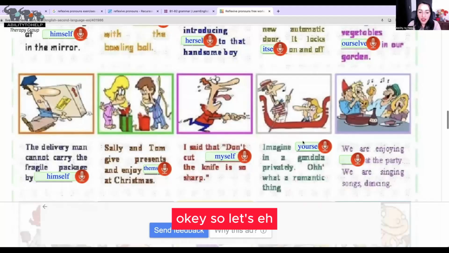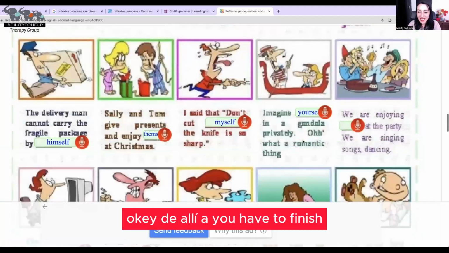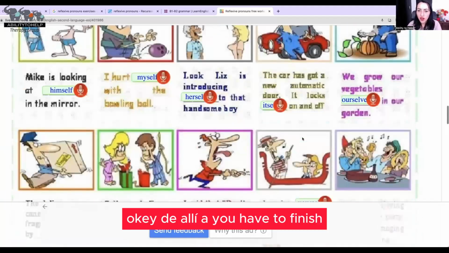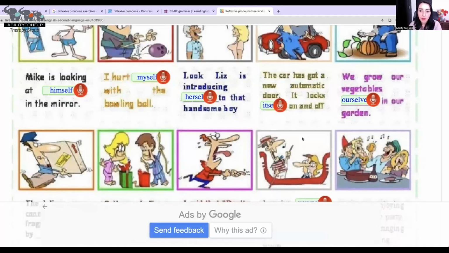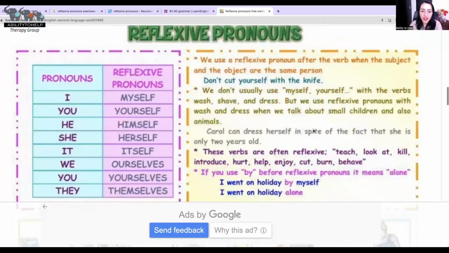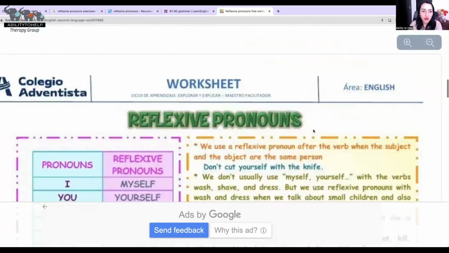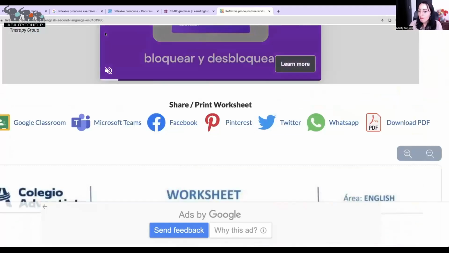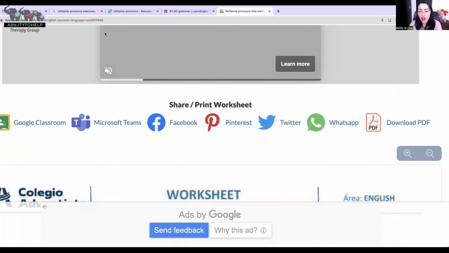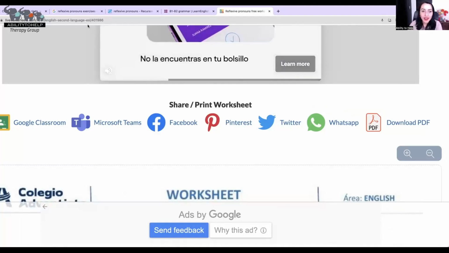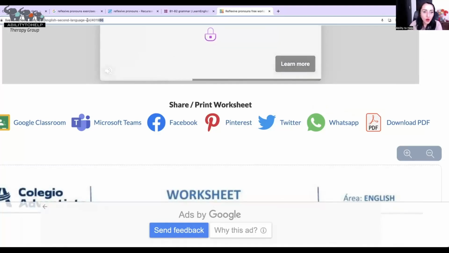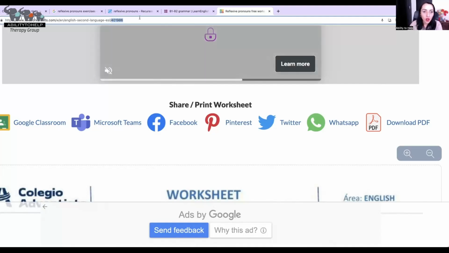Okay, so the idea, you have to finish or you have to practice on this site. Please don't forget it. You have to write reflexive pronouns and look for this exercise. It's possible you forget the site. So that's why write a number or write all this.